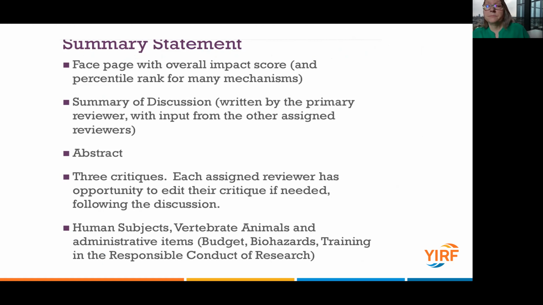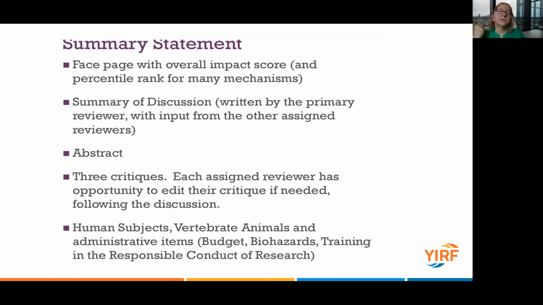So after review, you will get something called a summary statement. It will give you the overall impact score, and if it's an R grant, also a percentile. And what's key is, if your grant is discussed, you'll get a summary of that discussion. That's often written by either, depending on the study section, the primary reviewer or the chair of the study section.